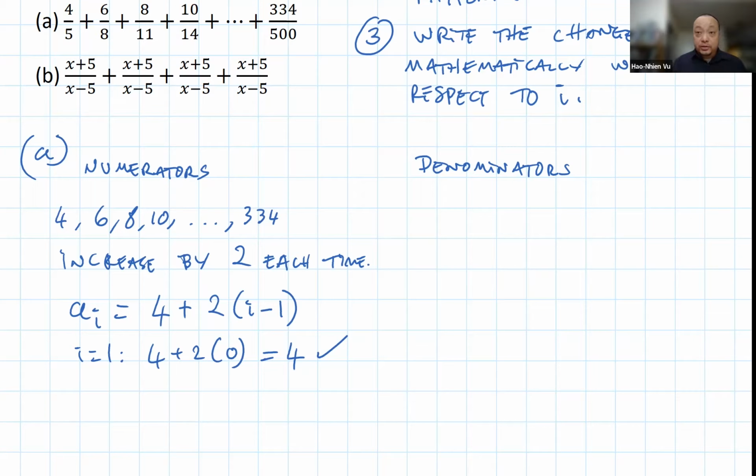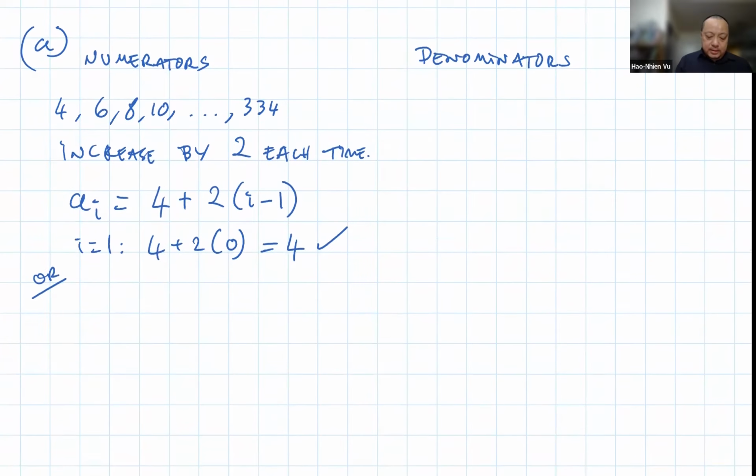Now, if you cannot do that, or you forgot how to do that, you can do it a little bit longer way. And that is, well, you know that each time you add 2, that means over many terms, you add 2 many times. Adding the same number many times means you multiply by that number. Adding 2 many times means you multiply by 2. The a sub i term will involve a 2i. Starting somewhere, right? You add on to something.